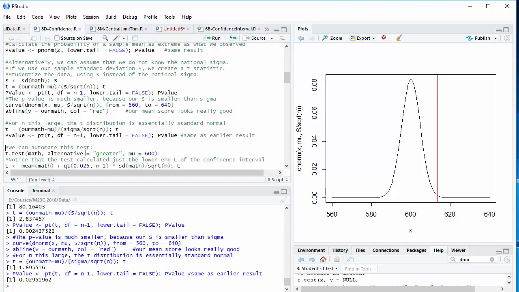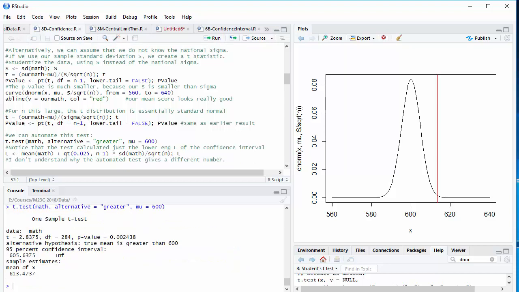What I'm trying to do is to assess the hypothesis that our school is better than the state average. That's why I looked only at the region to the right, and I have to put in alternative greater and say I'm testing the hypothesis that our school's score is greater than the statewide average.